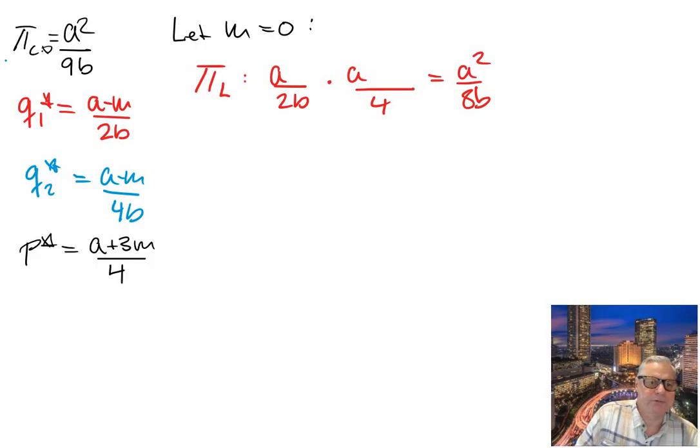What about the follower? Which is firm 2.